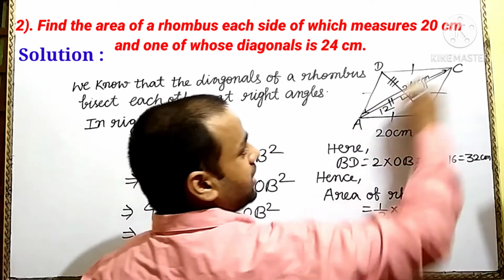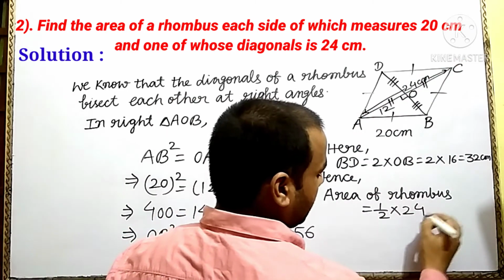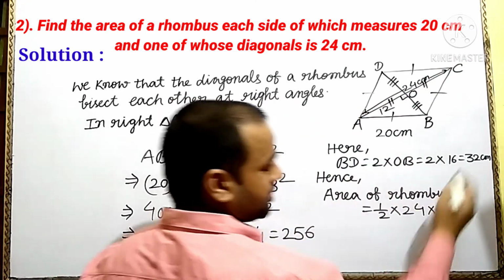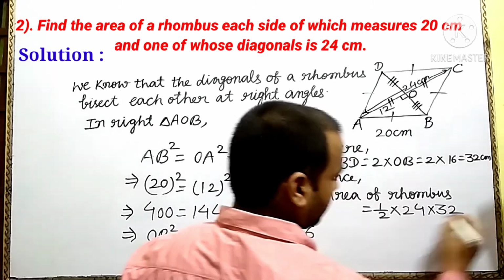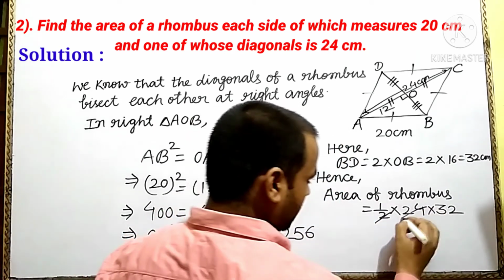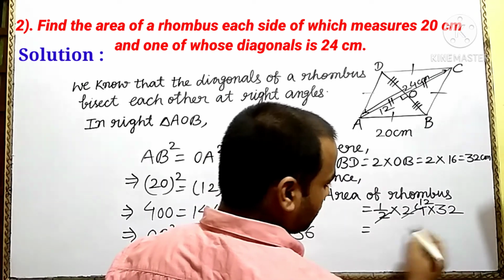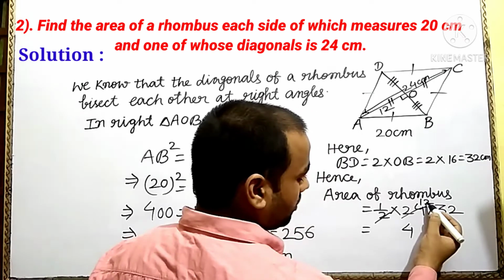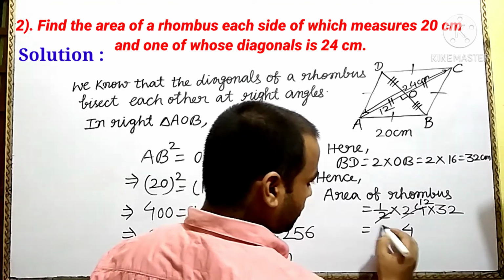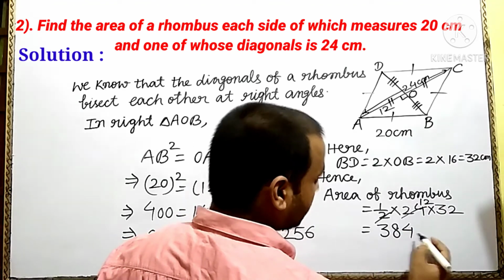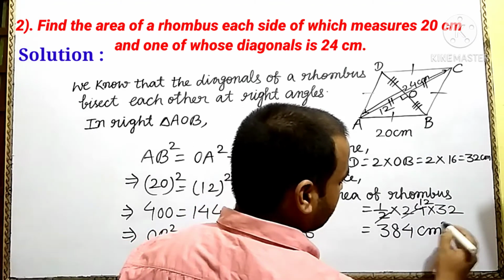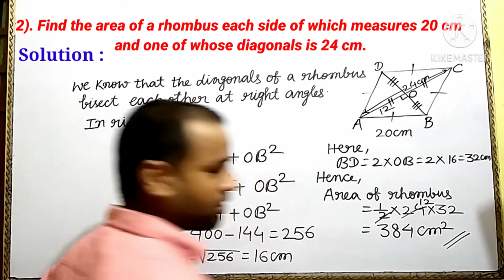So here the first diagonal given is 24 and the second diagonal we found is 32. Half of 24 is 12, and we multiply 12 into 32, which is 384 square centimeter. This is your required answer.